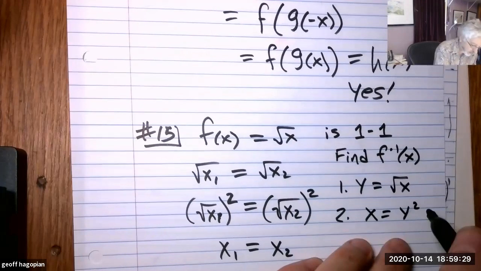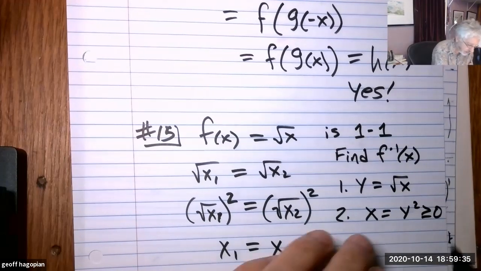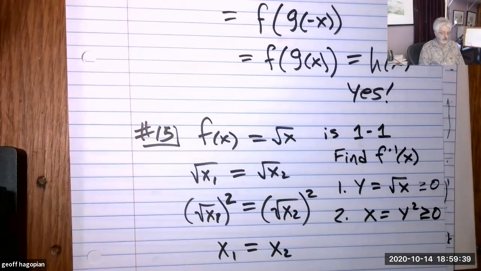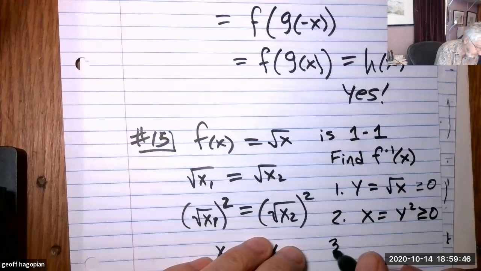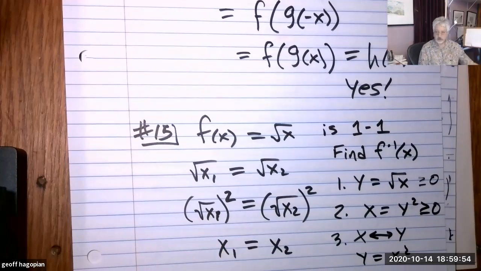But that has got to be positive, right? X has got to be positive, and so y has got to be positive as well, right? Y is positive. So now, step 3, reverse the variables and say y equals x squared, right? So rename the variables.